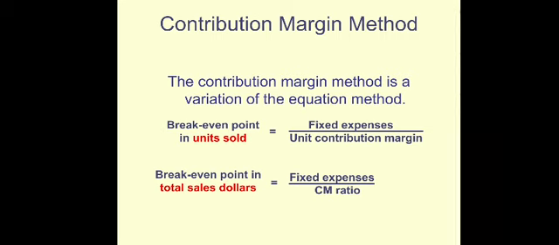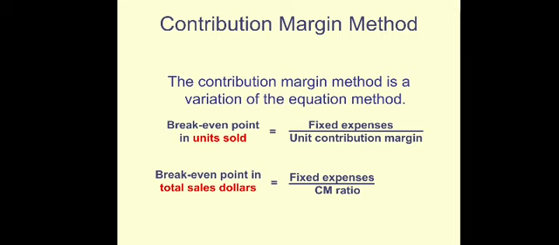Okay, let's see now the break-even point in terms of dollars. The formula is fixed cost divided by CM ratio. So you just put in the numbers. The fixed cost for the bicycle business is 80,000, and the CM ratio, you have to remember the way to calculate the CM ratio, for this bicycle business is 40%.